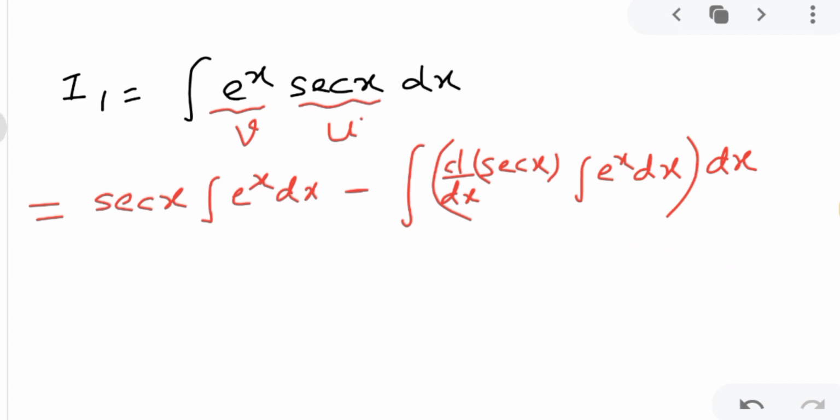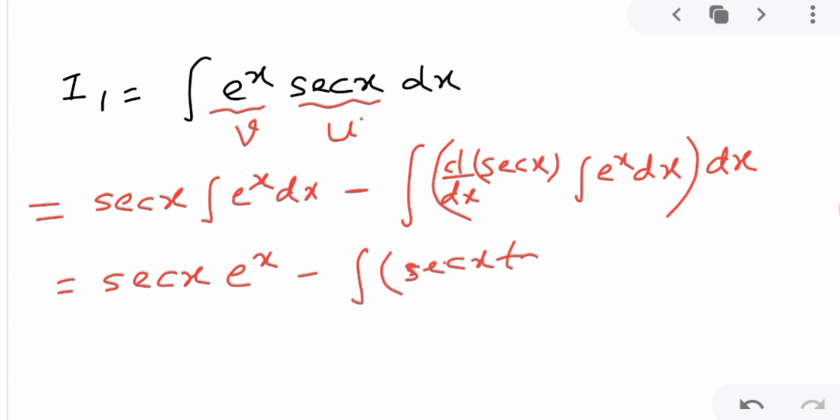Now I will simplify. The first term is sec x, and the integration of e to the power x is e to the power x only. So I write sec x e to the power x, minus, in brackets, the derivative of sec x, which is sec x tan x, and the integration of e to the power x, which is e to the power x only.